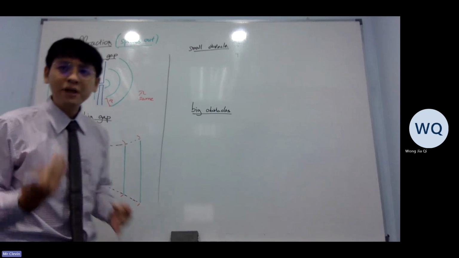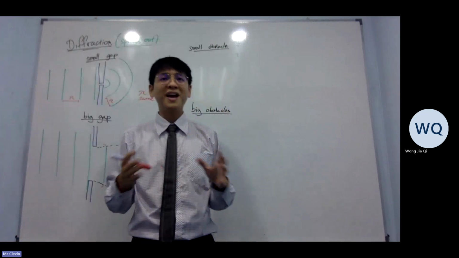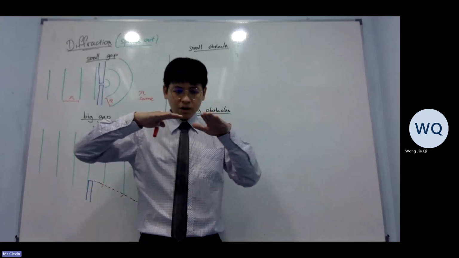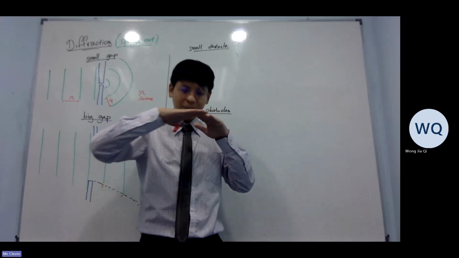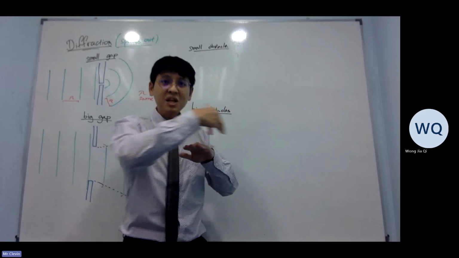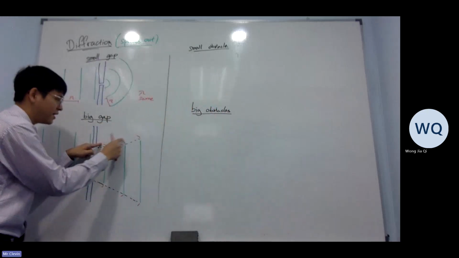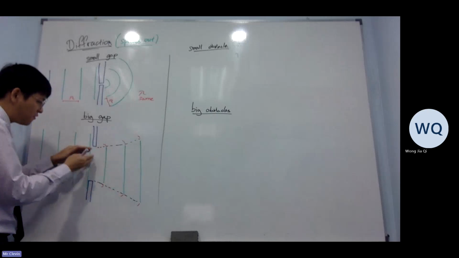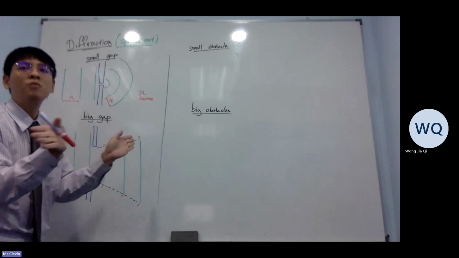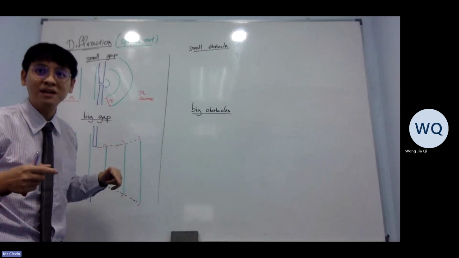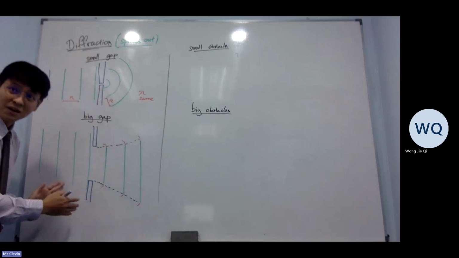The easiest way for me to explain it: when you go to any stream or river, when the river passes by a rock, you will see a swirl behind the rock, right? That swirl is where this one is. But whenever it's a bigger gap, the swirl will be smaller. Whenever it's a smaller gap, you can see the swirl is bigger.